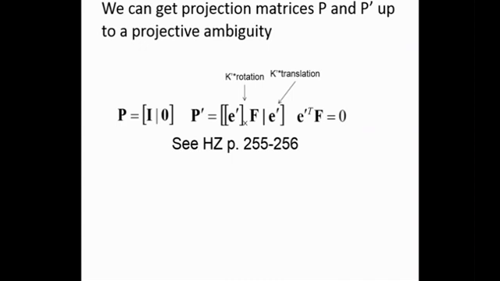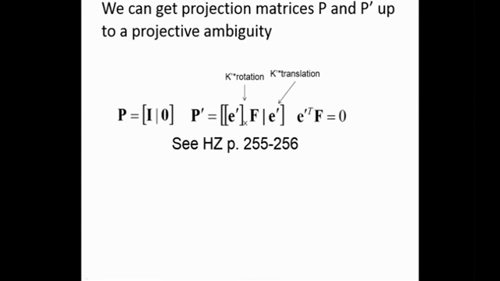So given a fundamental matrix, we can solve for a relation between the cameras, but up to some projective ambiguity. Remember that if we had the essential matrix, then we could solve for the rotation and translation up to some scale. If we only have the fundamental matrix and we don't know the intrinsic parameters, then what we're really getting is K times some rotation or K prime times some rotation and K and some translation. So we don't know the true rotation and translation.